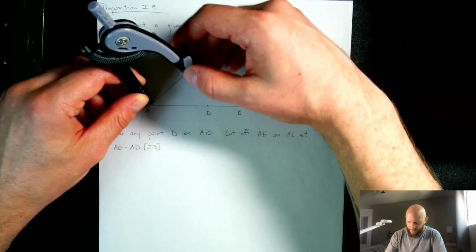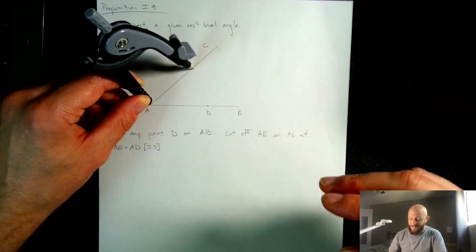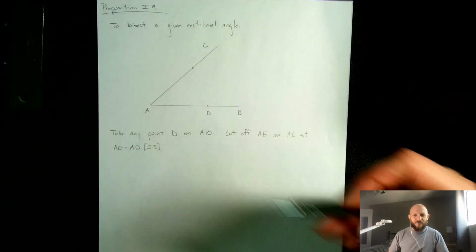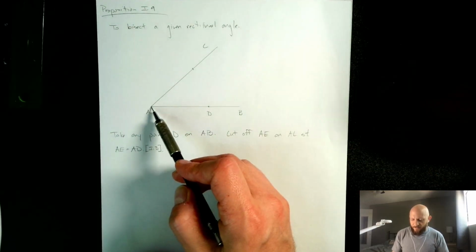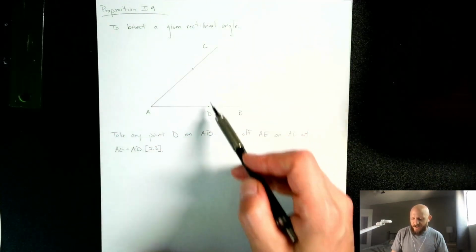But there must be some reason. I don't see why it couldn't just be, at least with these cases, just a circle with center A, radius AD, and then you find where that intersects.